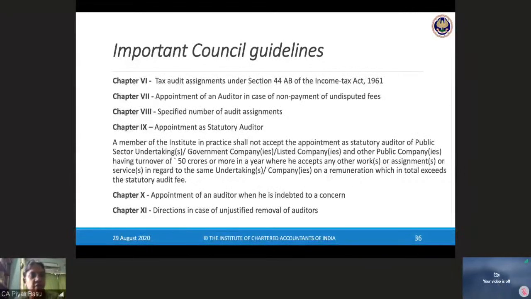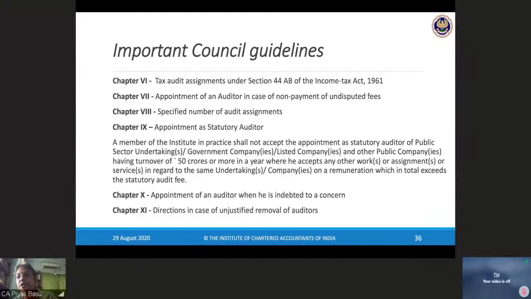We have mentioned relative as per the guidelines. Again, as per the Companies Act, if he is appointed as an auditor, it will fall under guilty of misconduct.